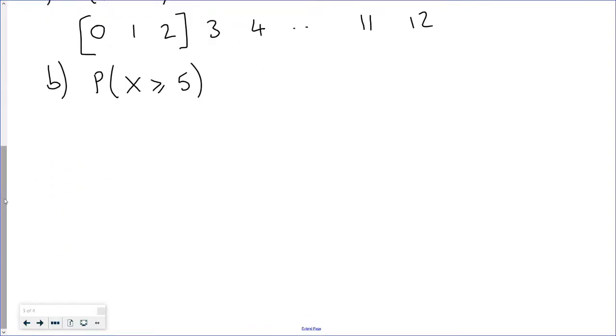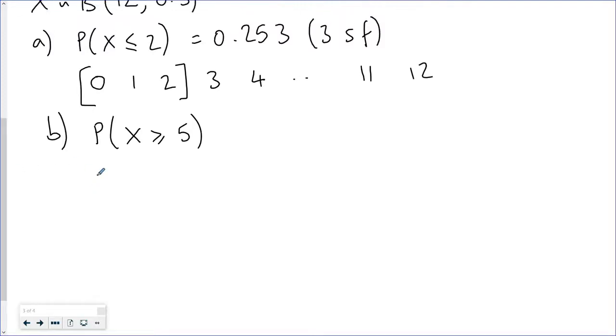So again, let's think about our diagram. Let's draw out the different values of X that we could have. So these are the number of reds that we could have. Well, we want the probability of X being greater than or equal to 5. So we want to include 5 and go all the way up to getting 12 reds when X is 12.